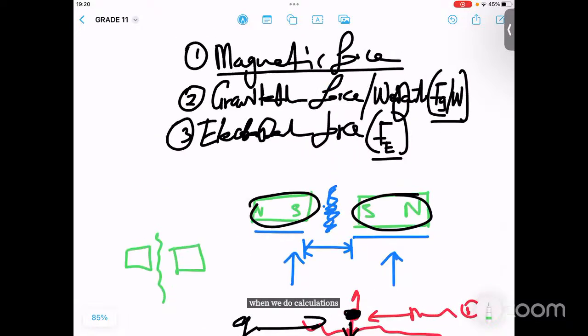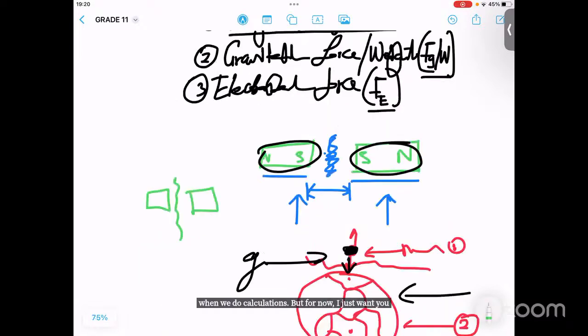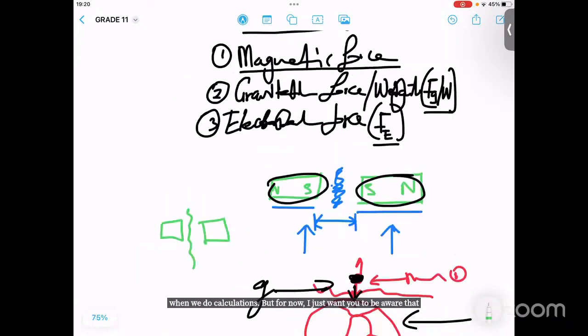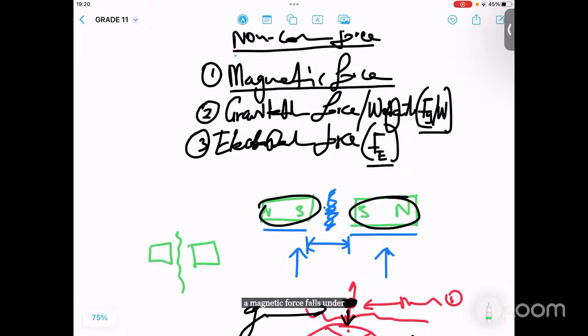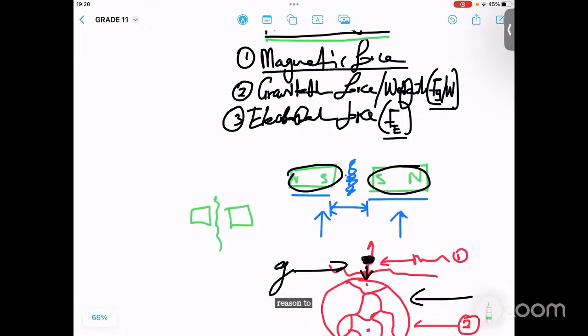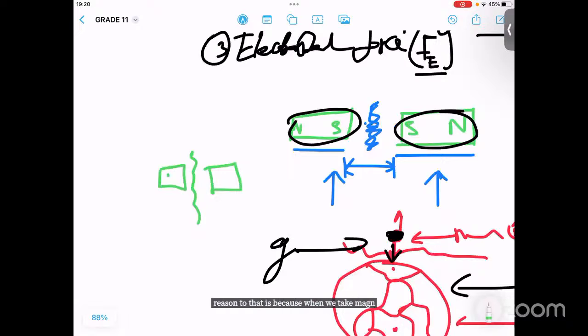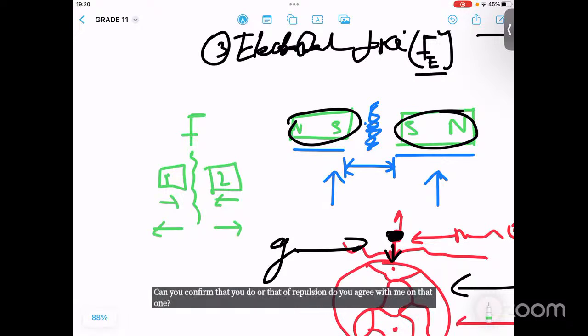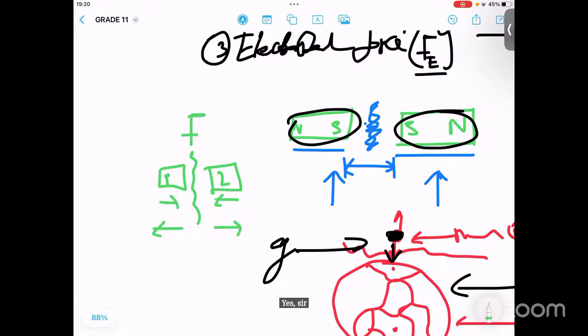But for now, I just want you to be aware that a magnetic force falls under non-contact force. The reason is that when we take magnet 1 and magnet 2 and put them closer together, you experience repulsion. Do you agree with me on that one? Yes, sir. Now it makes sense. That's all you need to know for now.